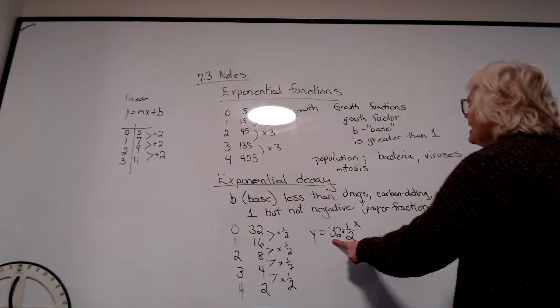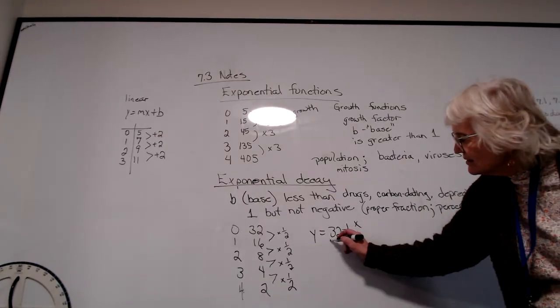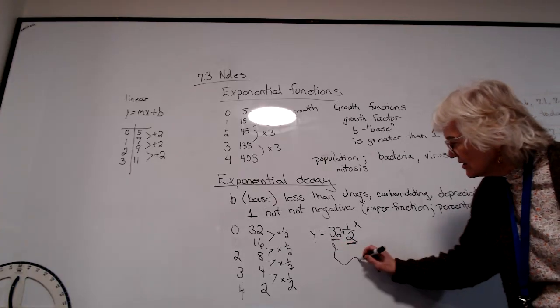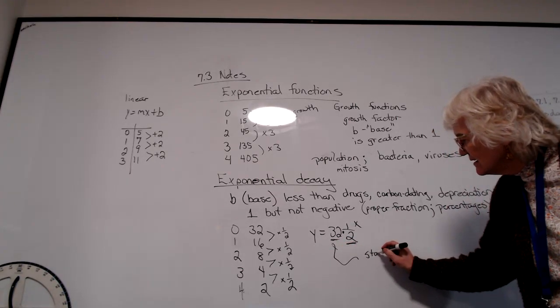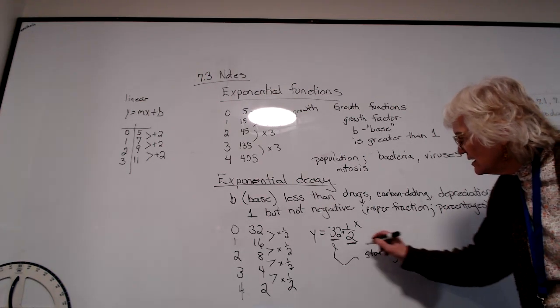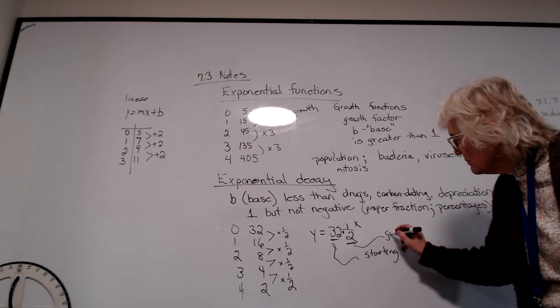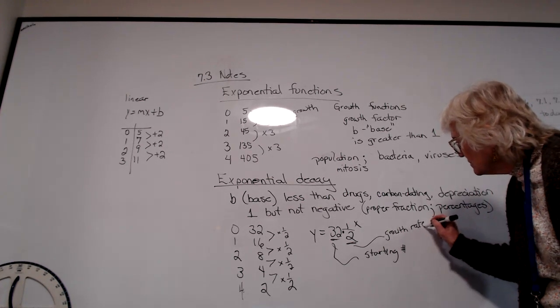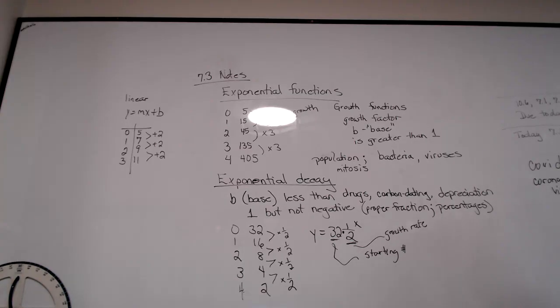See my base there? This is our starting number, and this is our growth rate. But because it's a decay, it's going to be a fraction or a percent that's less than 100%.